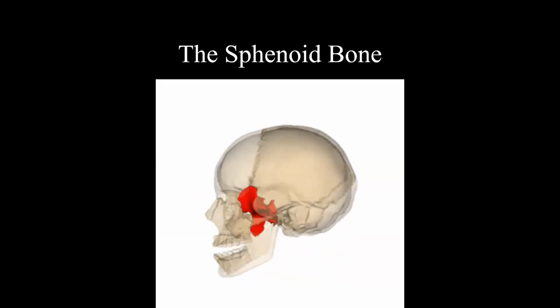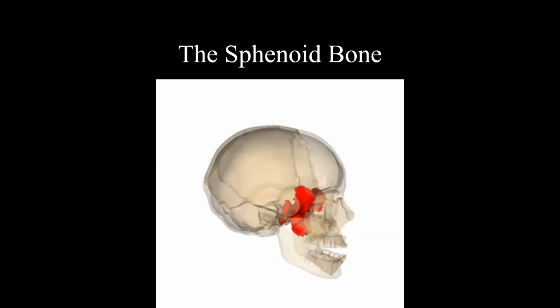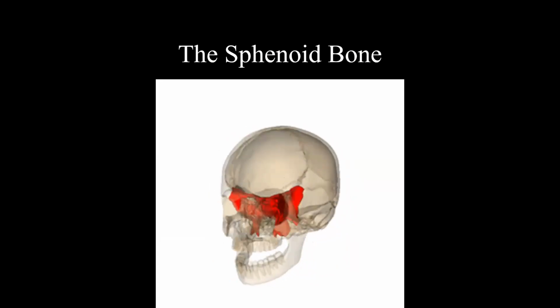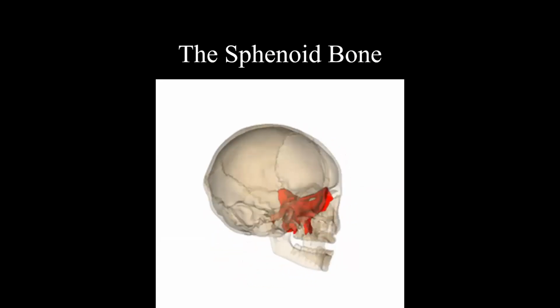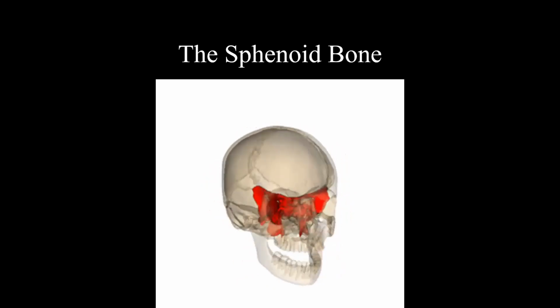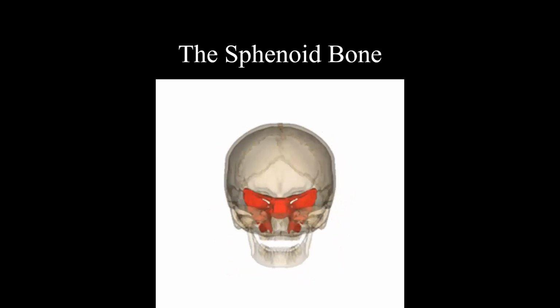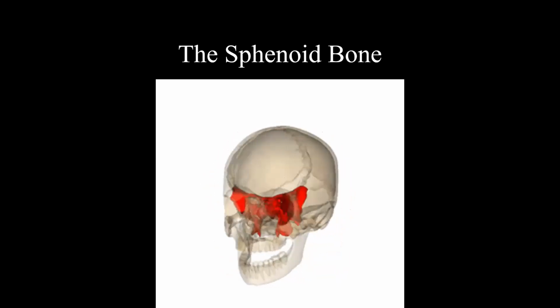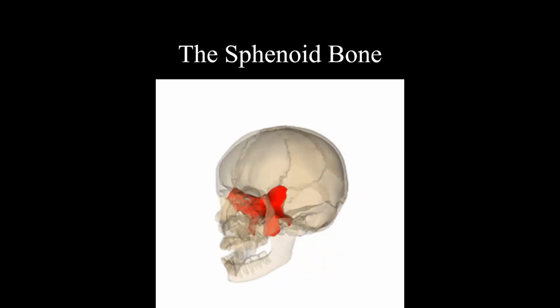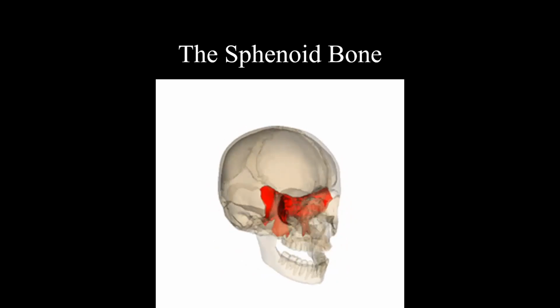We see this on the external surface of the sphenoid just behind the zygomatic, just in front of the temporal and slightly below the parietal and the frontal. The sphenoid bone extends all the way across the base of the cranial cavity. It extends down to right behind the maxilla.